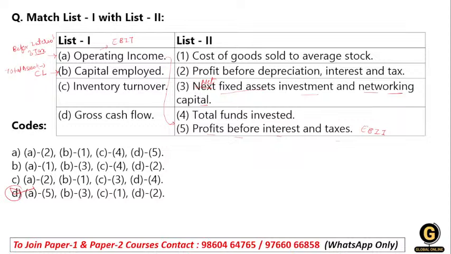Then we have inventory turnover. What is inventory turnover? The inventory turnover ratio helps the organization find out the inventory the company needs. How do they calculate this? Cost of goods sold is divided by average inventory.